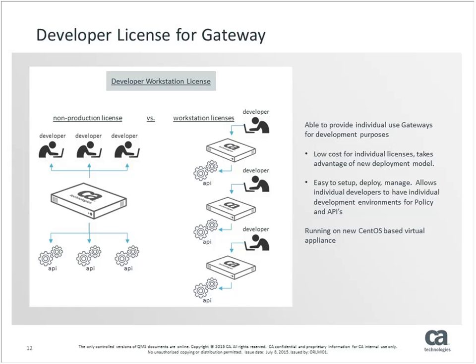However, because of the cost structure of the gateway, it's generally been infeasible for them to each have their own gateway. So starting in 9.1, we are providing a gateway SKU that is geared towards the individual developer workstation license. It's a low-cost option for individual licenses, and it takes advantage of a new deployment model, which is the CentOS-based virtual appliance.